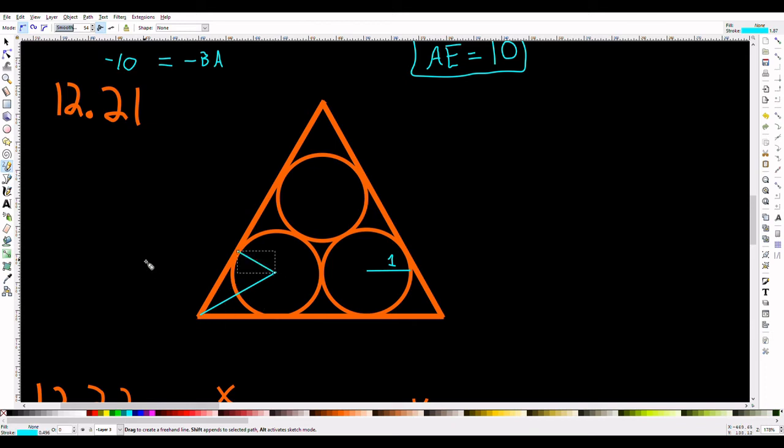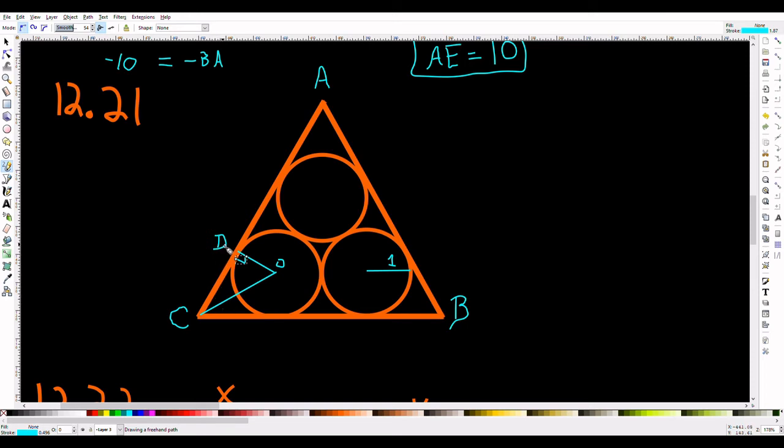Okay, see if you can solve the length of the light blue line. What do you get for angle CDO? Of course, that's 90 degrees.